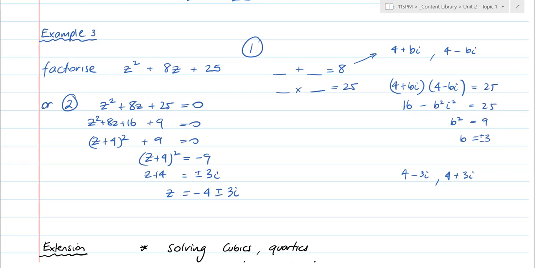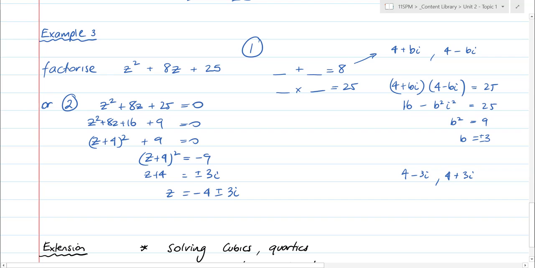I got 4 over here. Does 4 not work? So it turns out that ultimately we just need the complex conjugates. It doesn't matter whether this is negative or positive, because once I square that out, or yeah, it shouldn't.